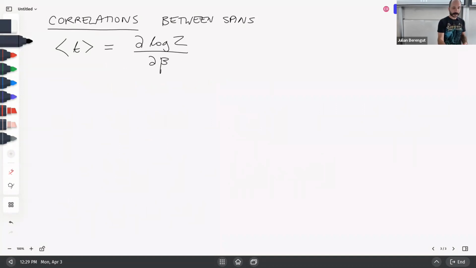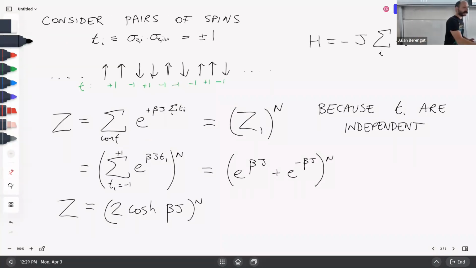So I get tanh beta J. That is the expectation value of t. Because t is, definitionally, given at the top here, sigma_i sigma_i+1.